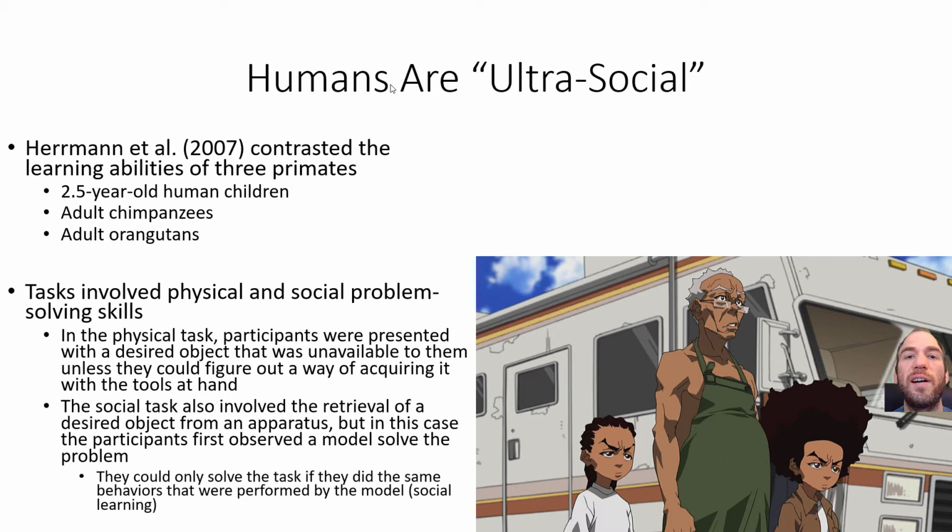The researchers then lay out a little tool, like a little rake, and place it around the infants or adult chimpanzees and orangutans. So we have an object in the distance, and then this rake, which the three groups can easily grab. And there are two experimental conditions.